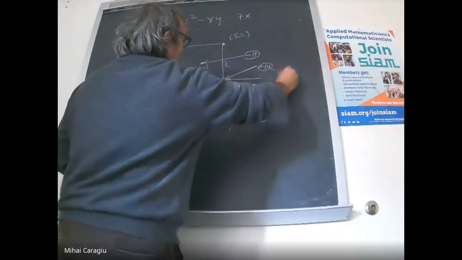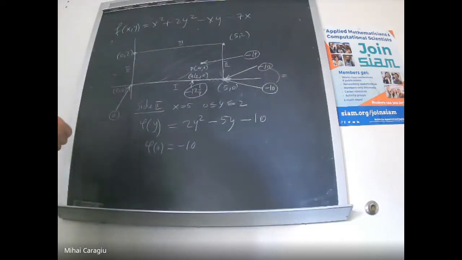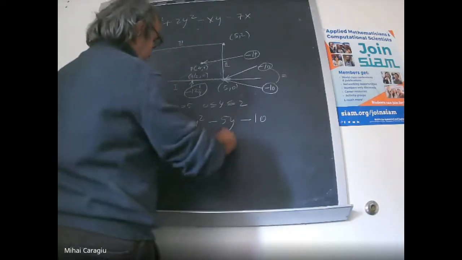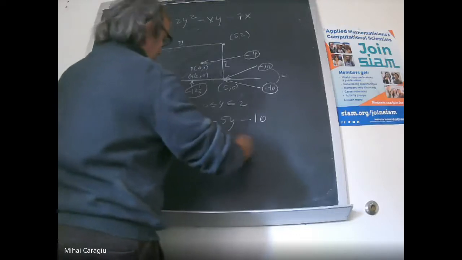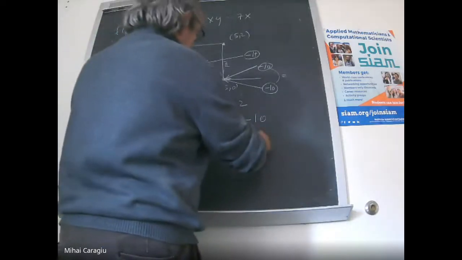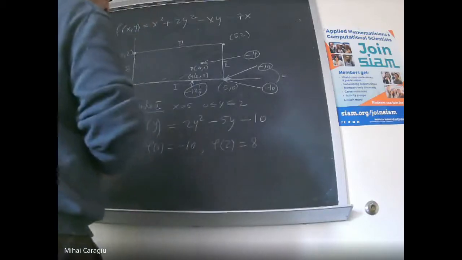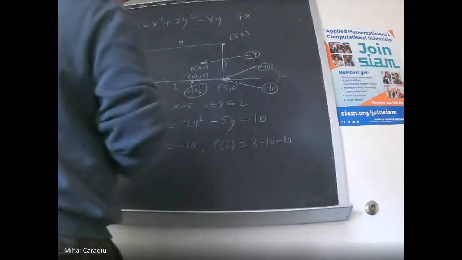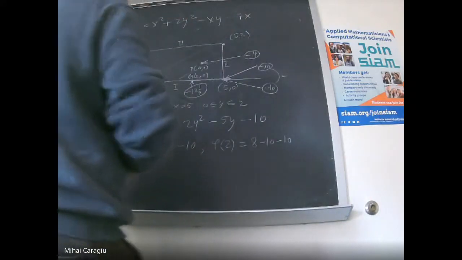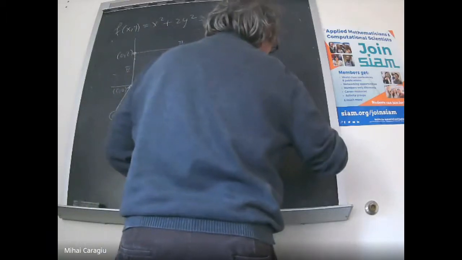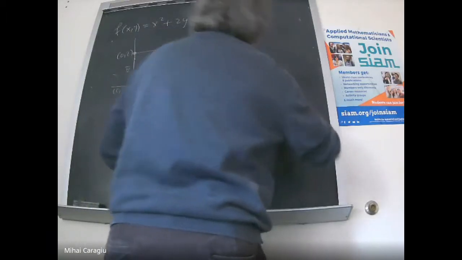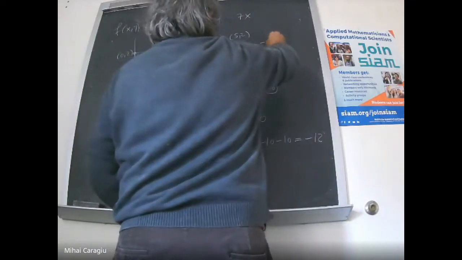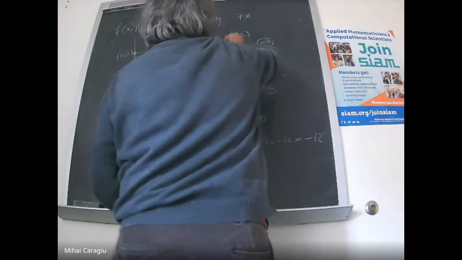These two minus 10 should match. If they don't match, we made a mistake. On the other side, that will be phi of 2, which is 2 times 2 squared, 8, minus 10 minus 10. So 8 minus 20 is minus 12. So let's annotate this vertex with minus 12 here, the value of this vertex if we approach that way.